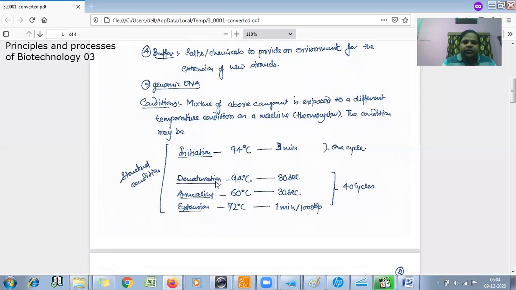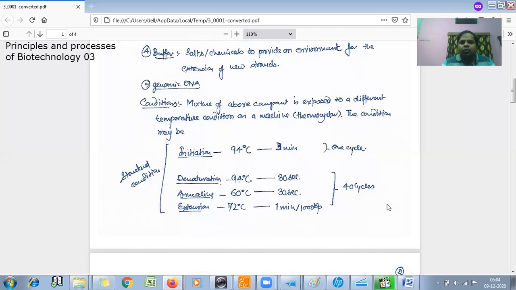And this cycle will be repeated, means again 94 degrees centigrade, 60 degrees centigrade, 72 degrees centigrade. Again, the cycle will be repeated, and a total of 35 to 40 cycles we run. Means we will provide the different temperatures in the thermocycler to all the components.